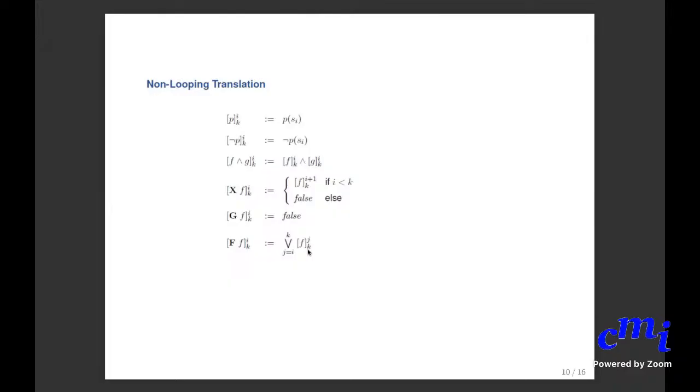So you are invoking the translation operator recursively, for each j starting from I to k, and that's what you are taking a disjunction of.